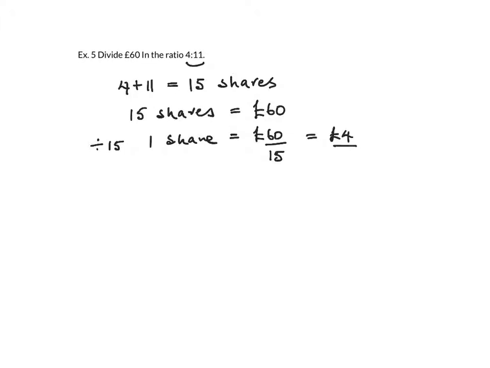The parts of the ratio are 4 and 11, so 4 shares then. 4 times £4, which is £16. 11 shares. 11 times £4, and that's 44.